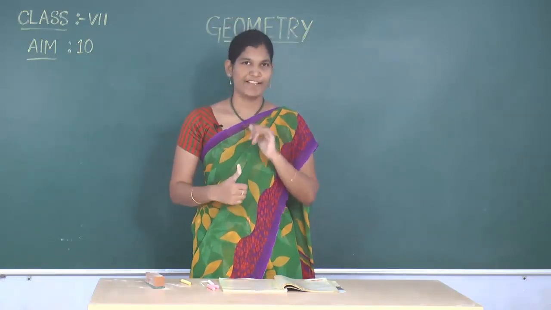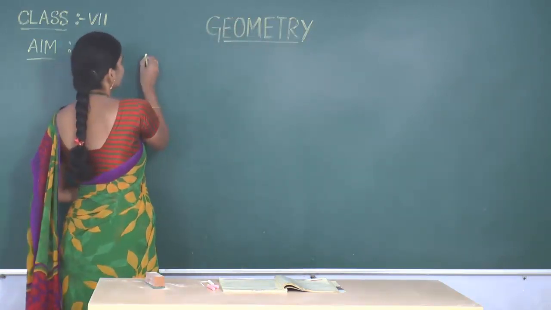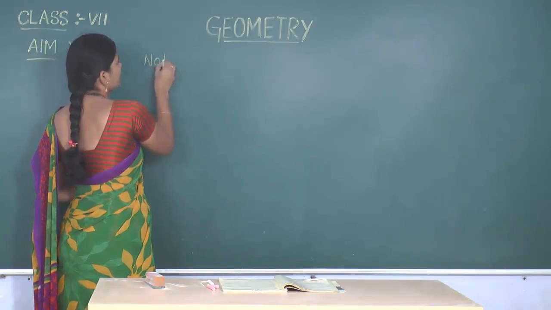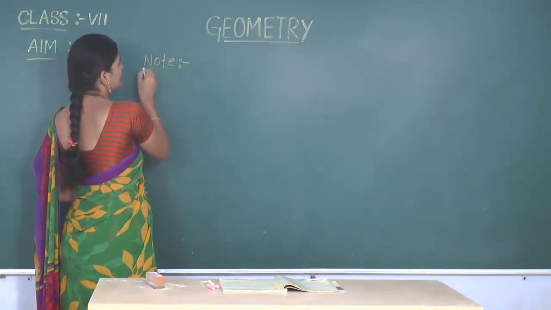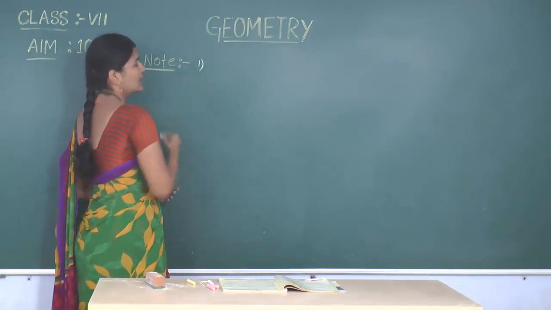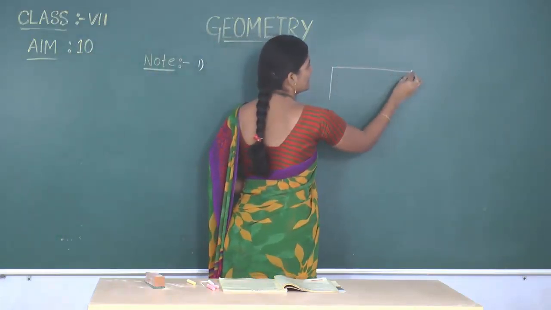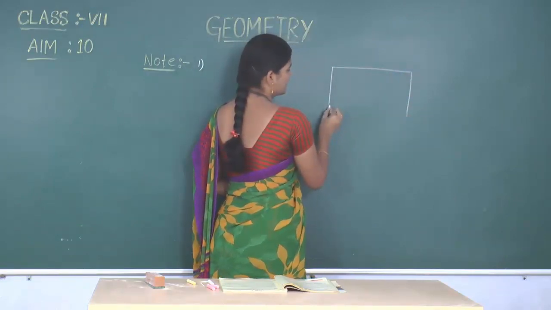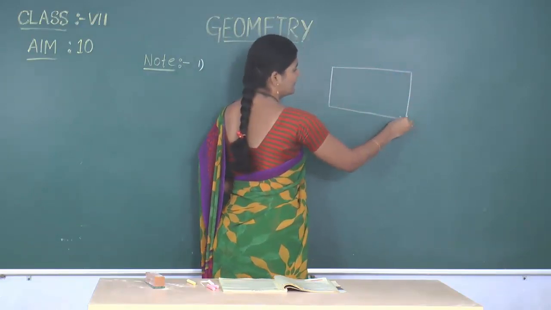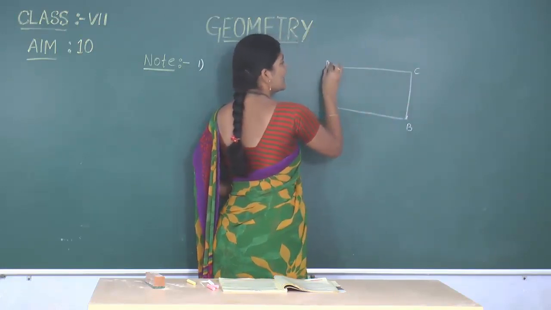They are: first important note, that is, in a rectangle, I am taking one rectangle here, that is ABCD.